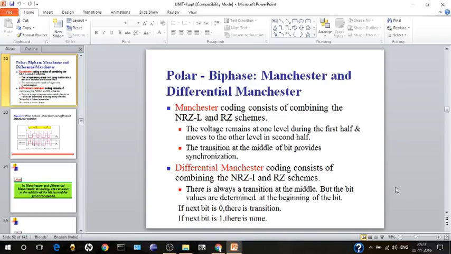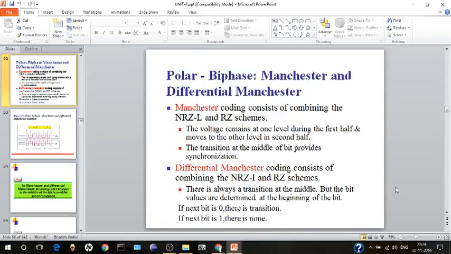Differential Manchester is a combination of NRZ-I and RZ schemes. Manchester is NRZ-L and RZ. This is NRZ-I and RZ. RZ is common in both, but the difference is Manchester has L, differential has I.